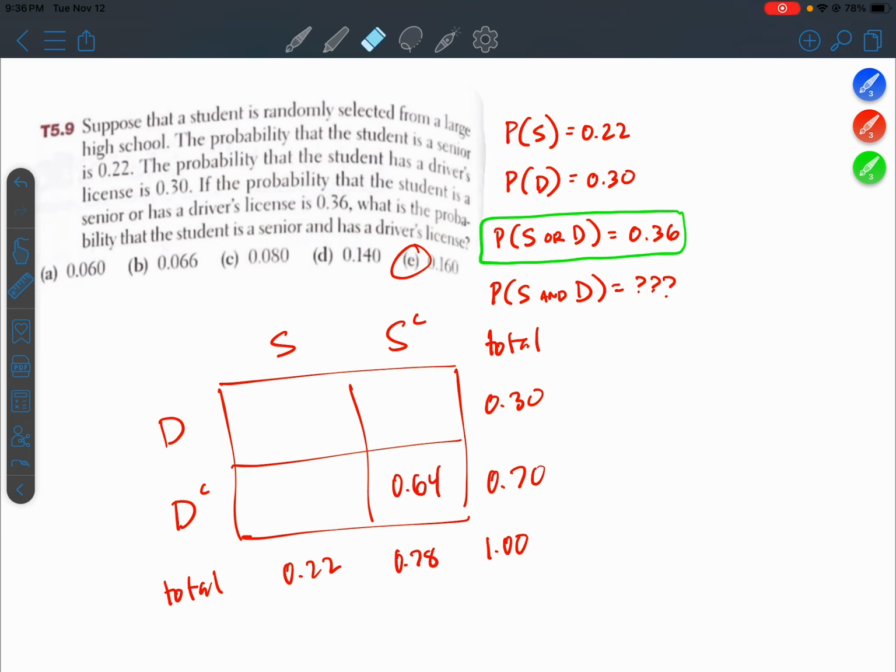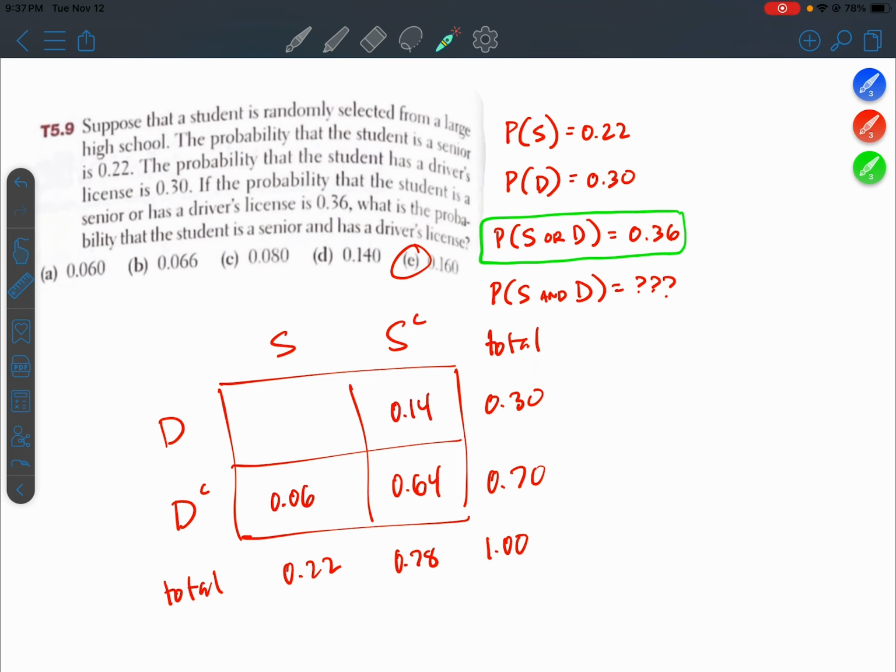Now that we know that, we can just use mental math to complete this column. 14 plus 64 makes 78. We can use mental math to complete this row. 6% plus 64% is 70%.